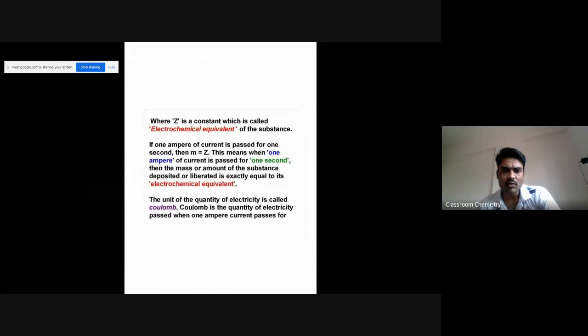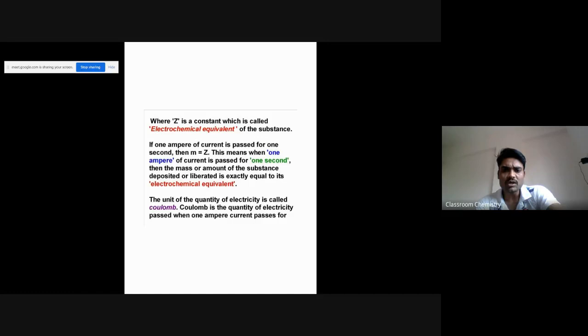This means that when 1 ampere of current is passed for 1 second, the mass or amount of substance deposited or liberated is exactly equal to its electrochemical equivalent. The standard electrochemical equivalent series is given in electrochemical references.